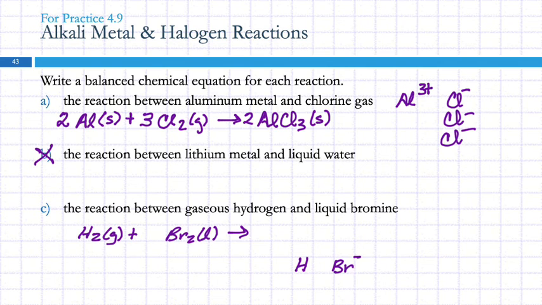And so we can use charges of the ions to figure out the formula. So this is HBr, which if it's dissolved in water, we call that hydrobromic acid, right? But here it's in the gas state, so it'd be called hydrogen bromide. We need 2 hydrogens and 2 bromines, so if we put a 2 in front of this guy, we're done.